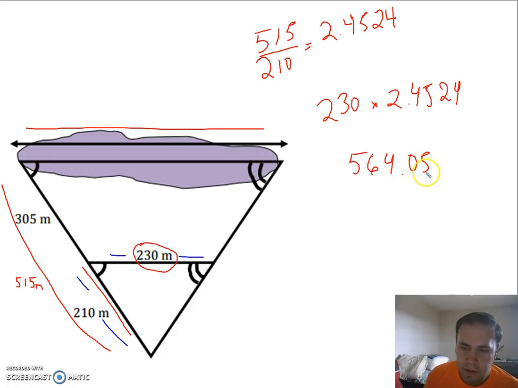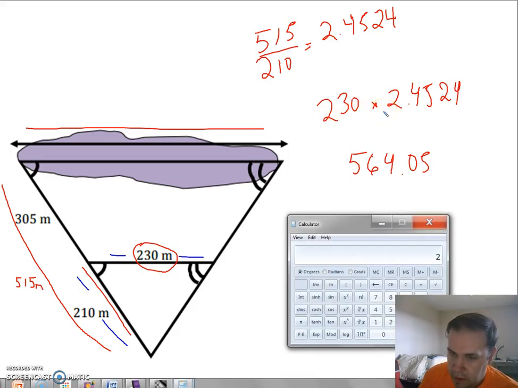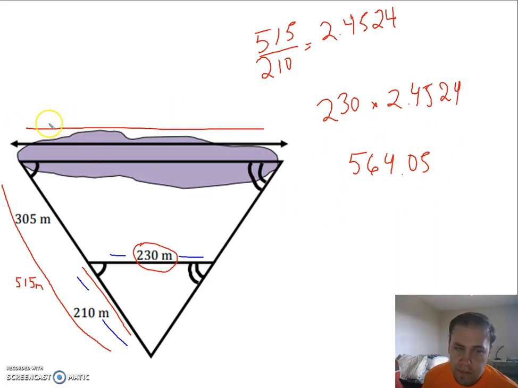Let's just round to 2 decimals at the end. It's sometimes better to go 4 decimal places because you're more exact. I know if we just multiplied 230 times 2.45, we're going to get 563.5, but this is a more correct answer. So what is the length of this lake? The lake is that amount of meters wide. And that's how we solve problems with similar triangles.